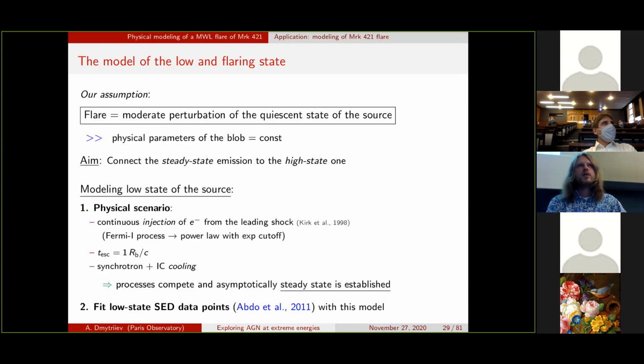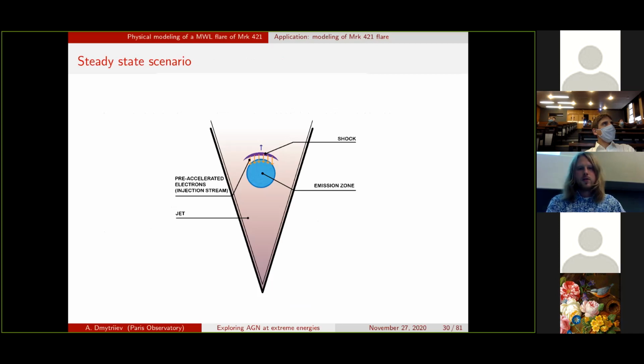And these gain and loss processes compete, and a steady state is established. And we fit the low state measurements. This is the sketch representing the low state model, and this is the upstream shock. We assume that the particles are injected into the blob from the upstream shock, with a power law with exponential cutoff.